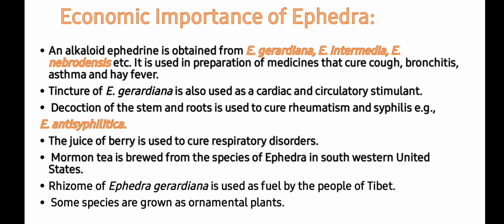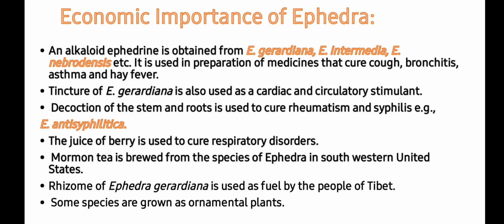Tincture of Ephedra gerardiana is also used as a cardiac and circulatory stimulant. Decoction of the stem and root is used to cure rheumatism and syphilis. The juice is used to cure respiratory disorder.